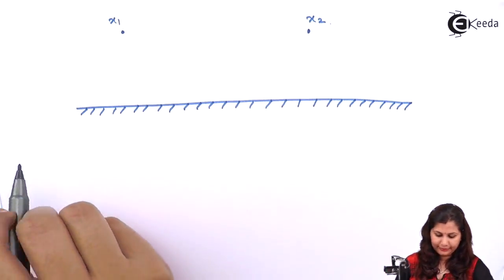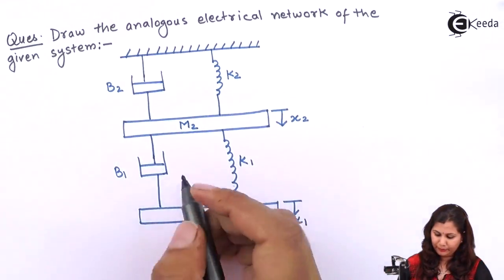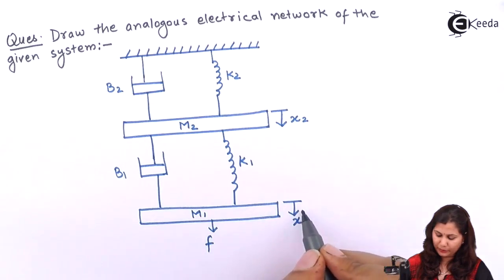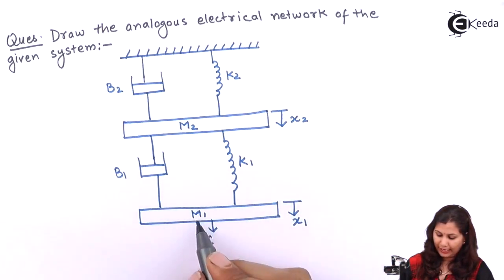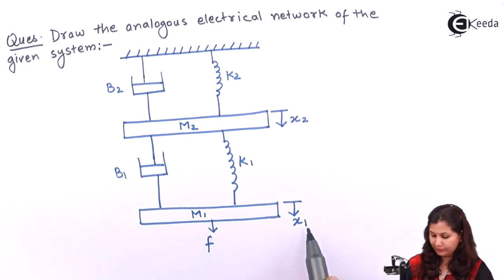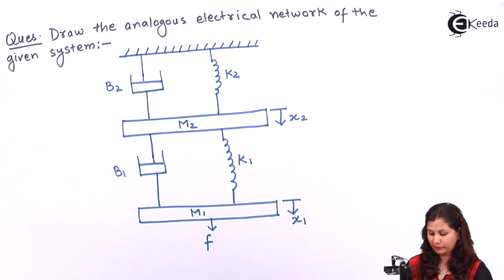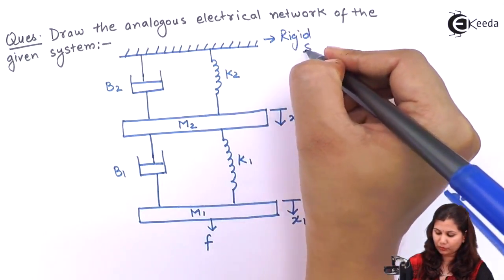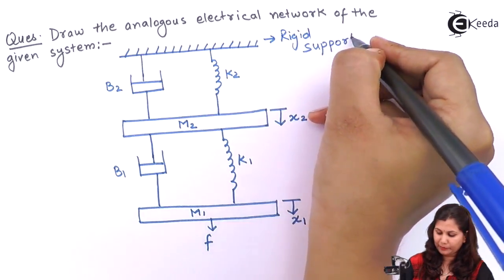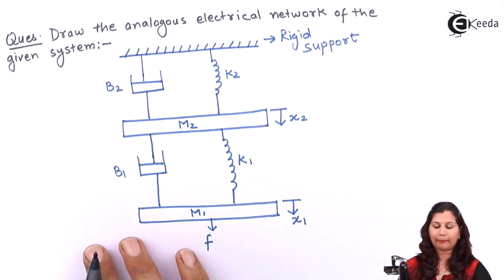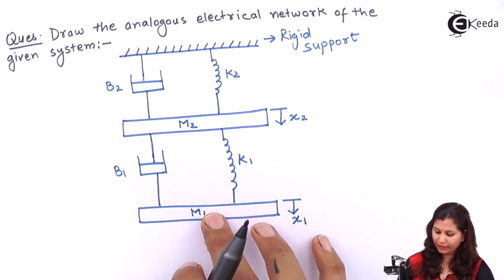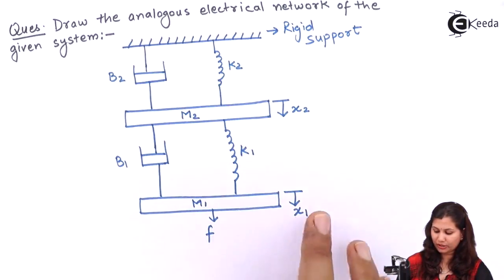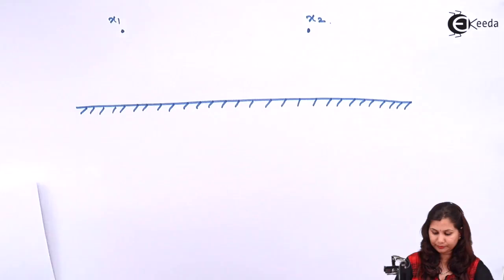B1 and K1 are connected between the nodes x1 and x2, and the mass M1 is under the influence of the displacement x1 only. The force F is connected to the rigid support, which we represent in the nodal diagram as the reference line. So F and M1 will be connected between the rigid support and the node x1.